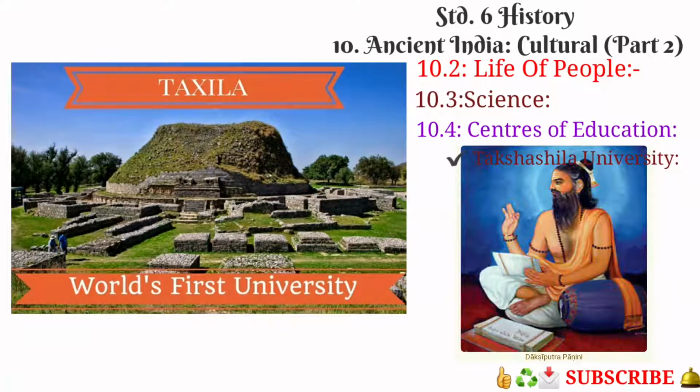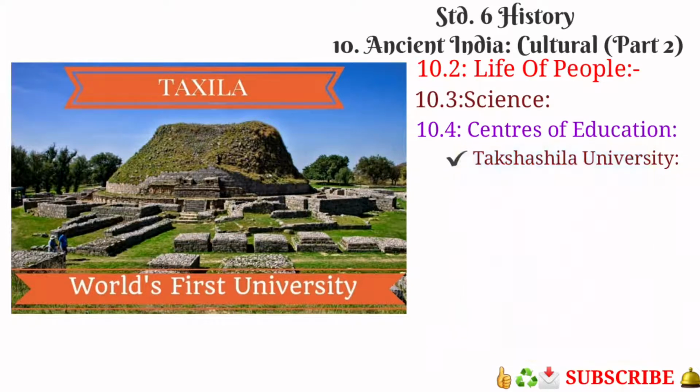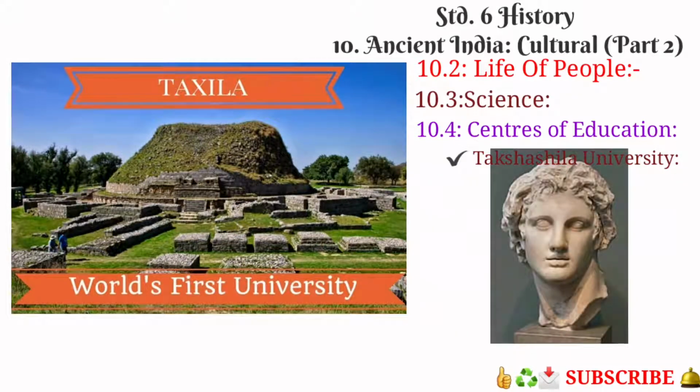The grammarian Panini and the Vaidya Charaka were also students of the Takshashila University. The Greek historians who accompanied Alexander have also given a description of the university. Students, we have studied about Alexander in the 7th lesson, that is India during the Maurya period. Chandragupta Maurya had pushed him back.